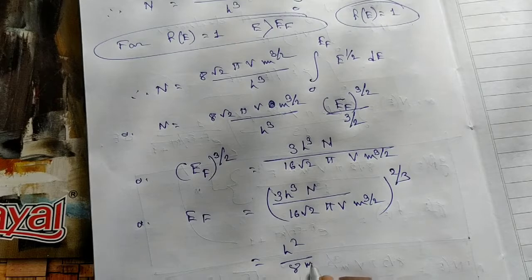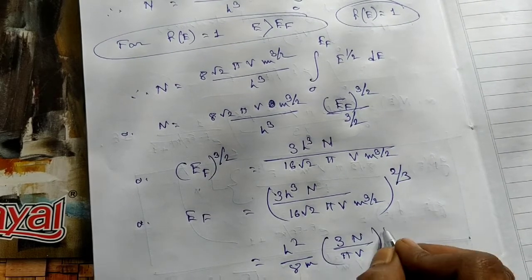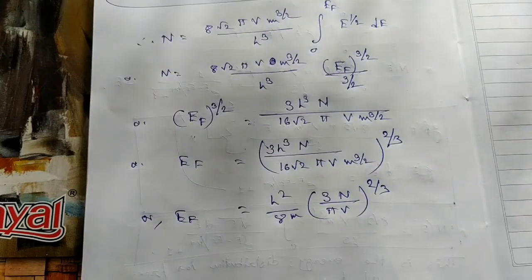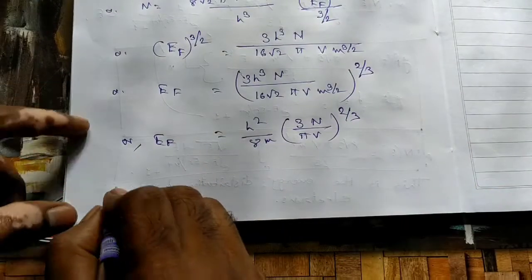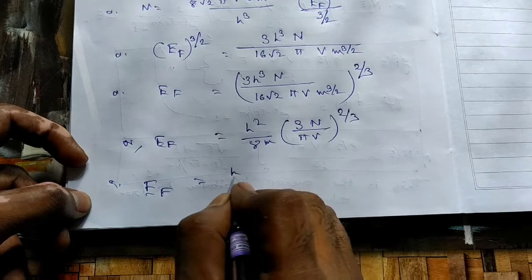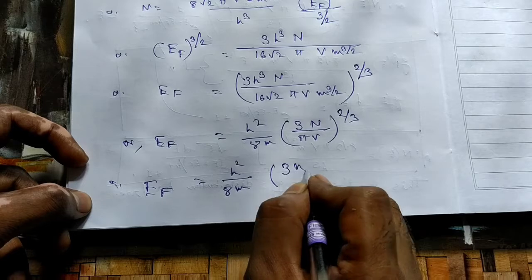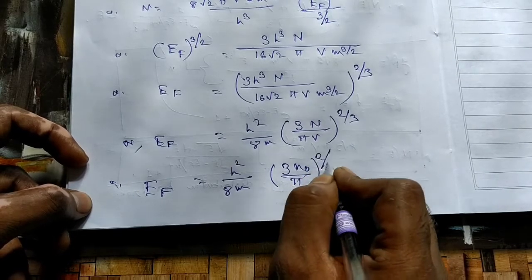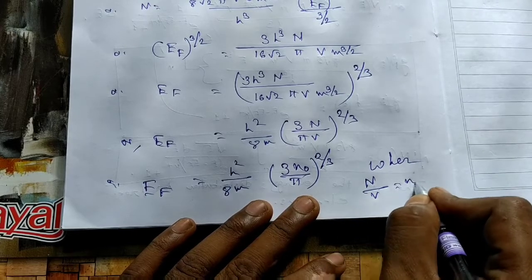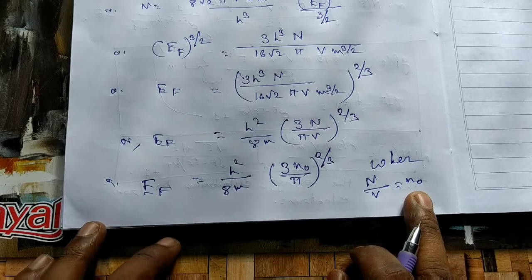h square by 8m, 3n by pi V to the power 2 by 3. Or EF is equal to h square by 8m, 3n0 by pi to the power 2 by 3, where n by V is represented by n0, the number density per unit volume.